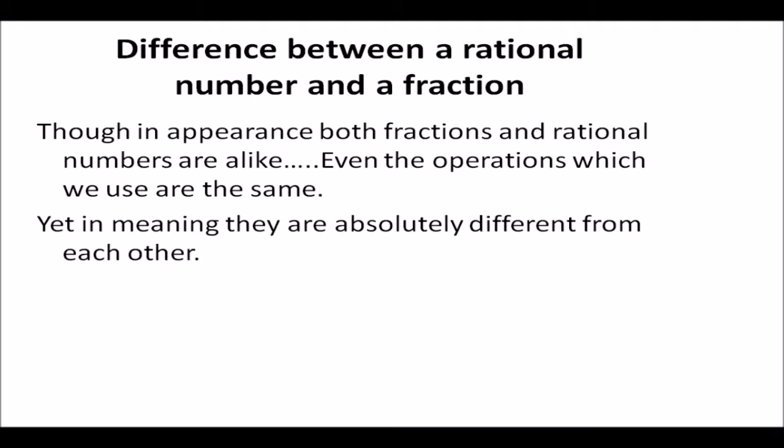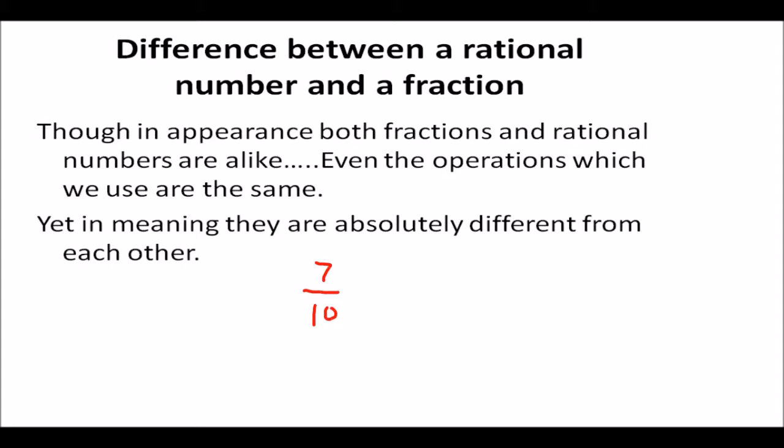Let us take an example. Suppose I am taking this number 7 over 10. Now as a fraction, 7 over 10 means 7 out of 10. That is, the denominator is always a whole from which the number in the numerator, that is 7, can be taken out of 10.